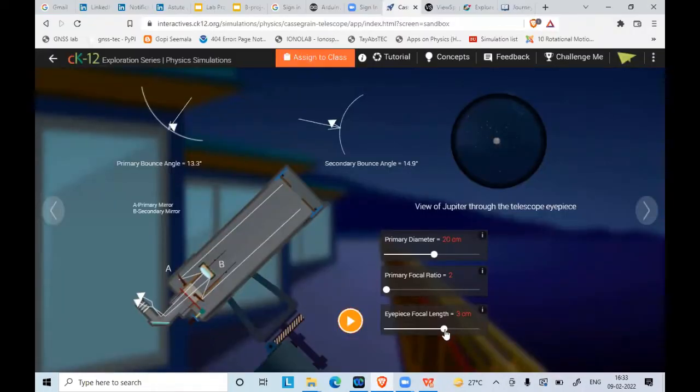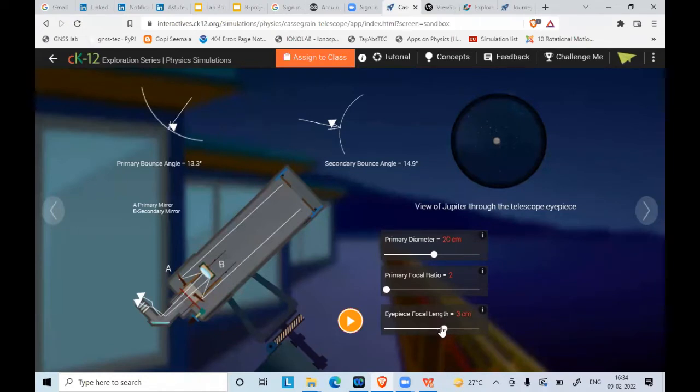Sometimes when observing the night sky, you are not just interested in the object at the center, but you might want to see a larger field of view, or a nebula that has a larger angular diameter compared to Jupiter.